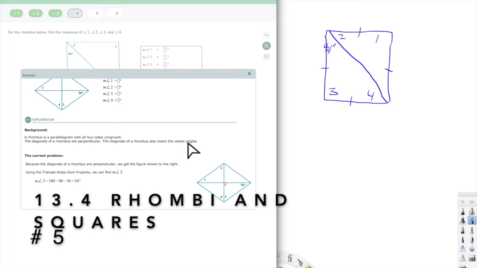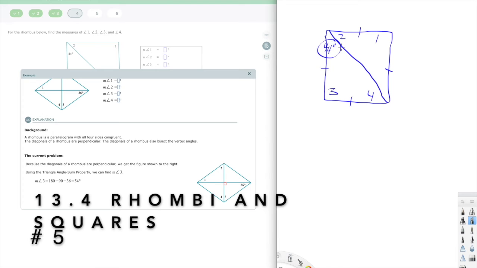So if I know what one is, if it bisects it, the other side has to be the exact same thing, like that. And remember, opposite angles are congruent, so it's going to be the same, because this is an isosceles triangle. So I'm using that idea again of an isosceles triangle. I think we either use that in this video or the very last video. I can't remember.